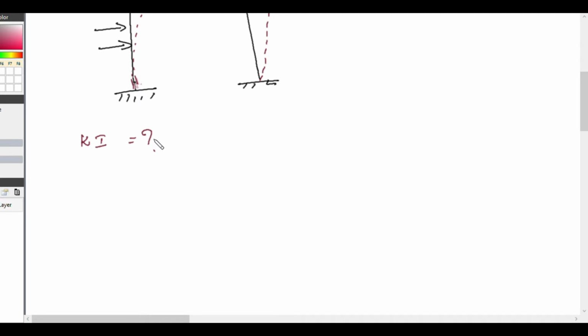Now, based on this kinematic indeterminacy, your number of unknowns in slope deflection method will be equal to the degree of kinematic indeterminacy. And we know this force method is also known as flexibility method. And in flexibility method, the number of unknowns will be equal to the number of statical indeterminacy.